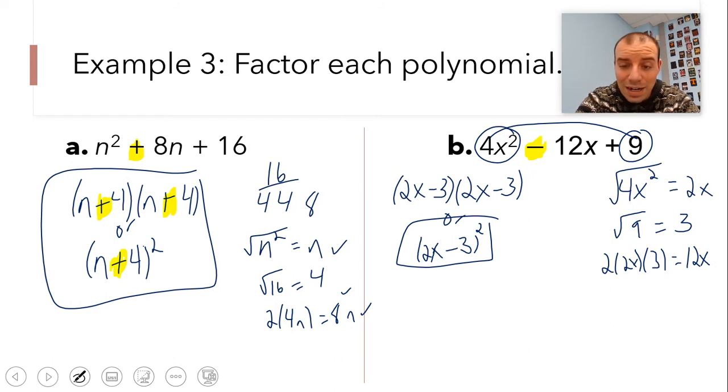Now, you could, like I said, have gone the other route by multiplying 4 times 9, getting 36, and using it the same way that we factored previously.